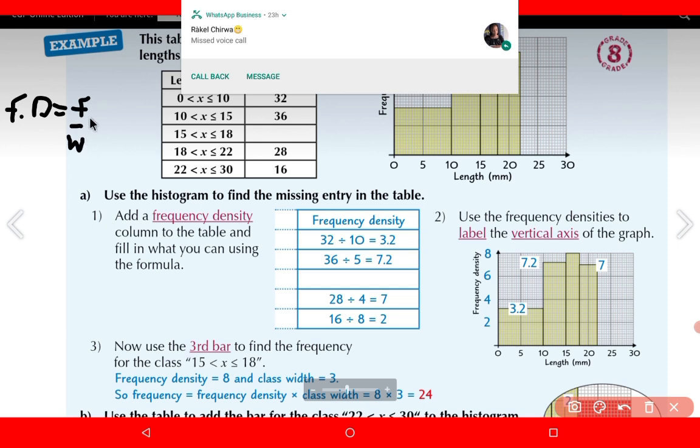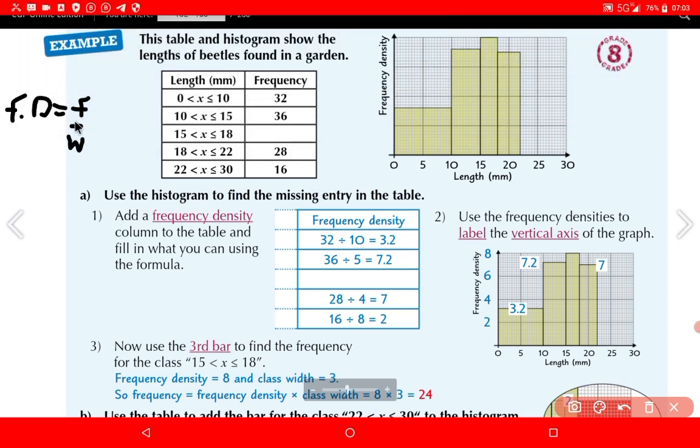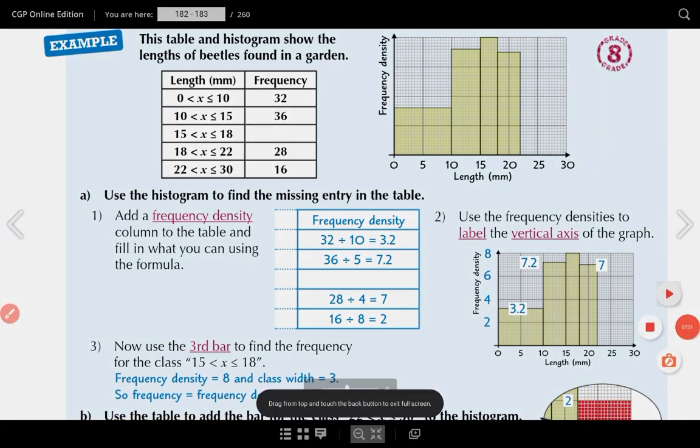So for this one, we look at the width, 0 to 10, so frequency is 32, and 0 to 10 is 10. So this gives us 3.2.